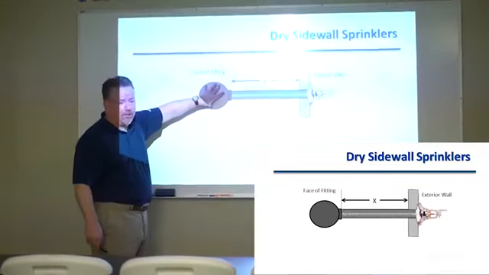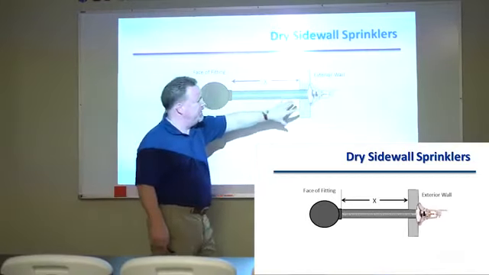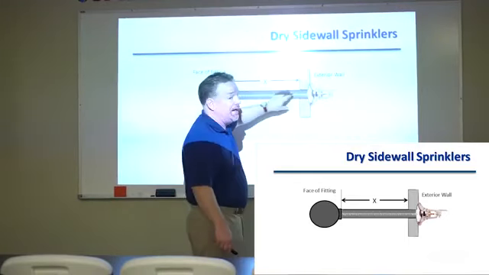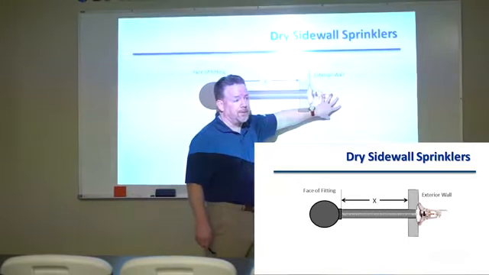This is a water-filled pipe, and this is the freezing area right here, or the exposed area if it's outside. Sometimes we use these to protect balconies up in the Northeast where they could experience freezing.